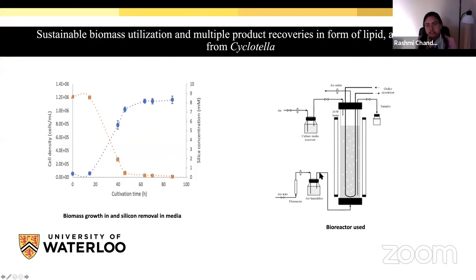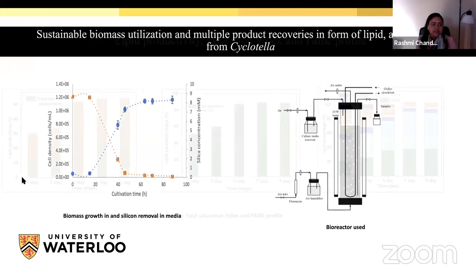Yes, they grow, and this is the 15-liter reactor I used for the cultivation. Whenever you grow diatoms, follow the proper protocols, because with one mistake they might not grow. They will grow well in wastewater without any issue, but when we start growing in pure culture, it's hard.